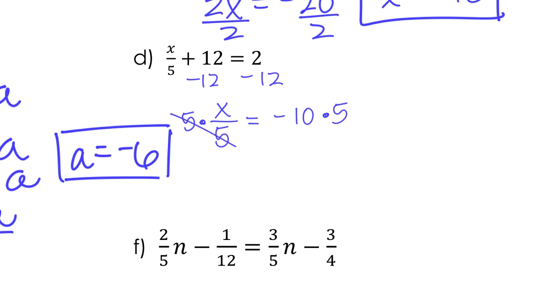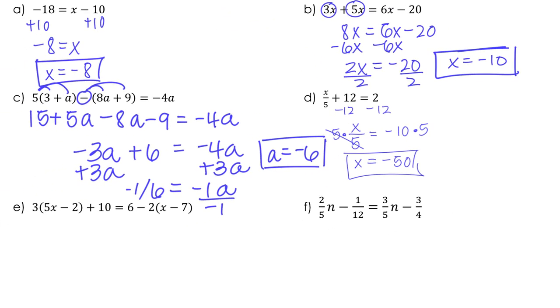That's it. So we just have X equals. It doesn't do anything weird. That is the process of moving the 5. And then on the right side, we have -10 times 5, which would be -50. So we have to move the constant first, then deal with the fractions. Okay.